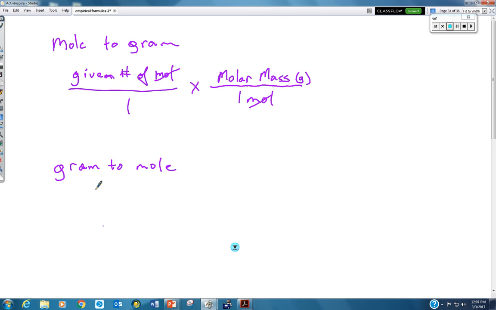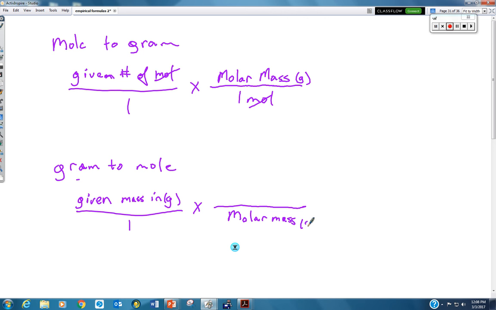Now, more often than not, when determining empirical formula, we're going to be given information in grams, and we need to go to moles. So going from grams to moles, we'll have our given mass in grams over 1 times, since we're going from grams, the molar mass will go on the bottom, which is in grams, one mole over the molar mass, and then the grams cancel, which leaves your answer in moles.